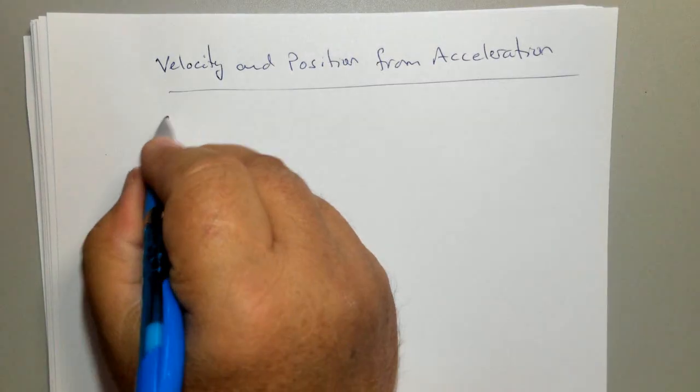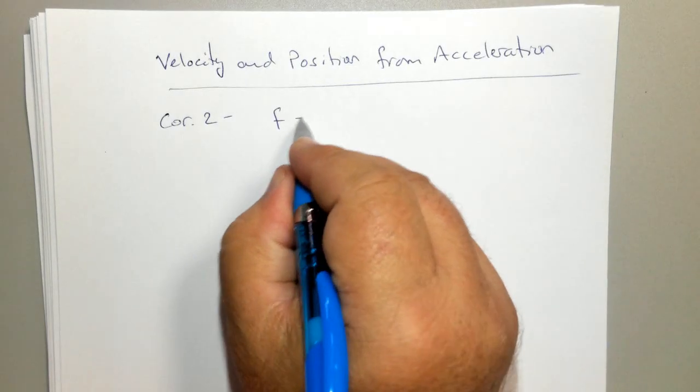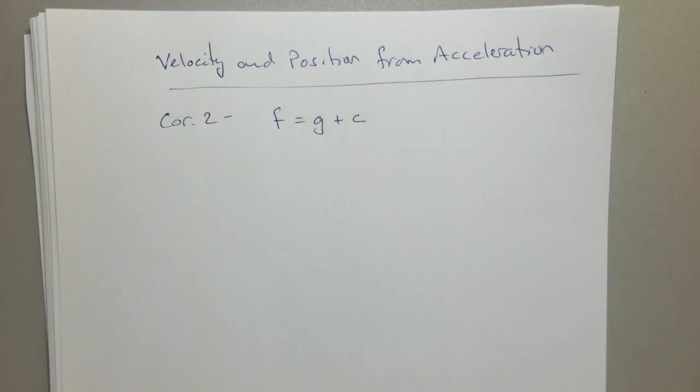So, corollary 2 tells us what? We can find a similar function as long as the derivatives have the same values.